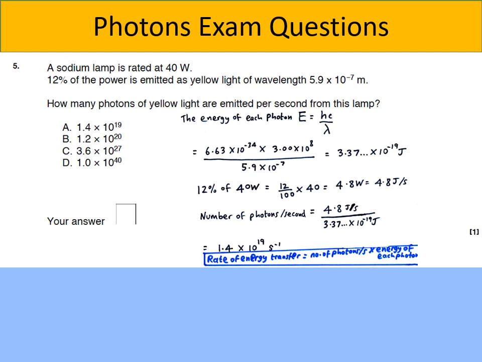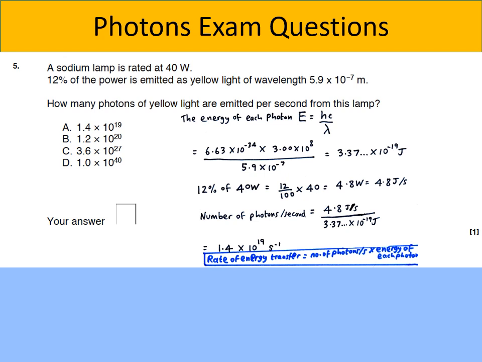Now we need to work out what is 12% of 40 watts, which is the power emitted by yellow light. And that gives us 4.8 watts, which is equal to 4.8 joules per second.